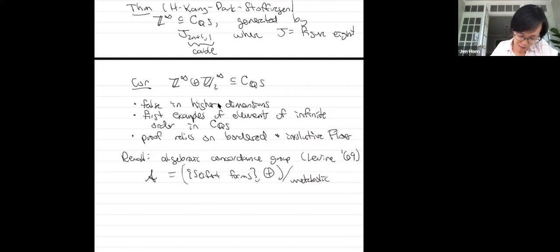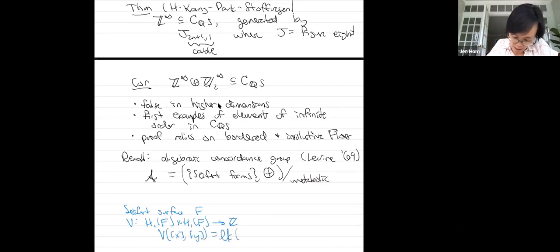Great, so remember the Seifert form, right? If you have your knot and you have a Seifert surface F, you can define this bilinear form on H1 of F. Right, if I want to take V of X comma Y, well, this is just the linking number of X with a positive push-off of Y. Great.